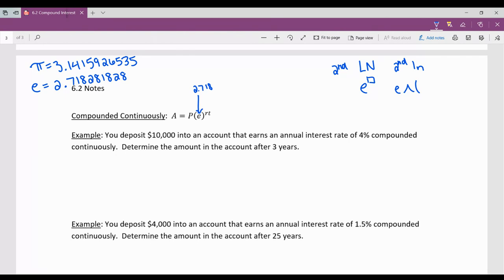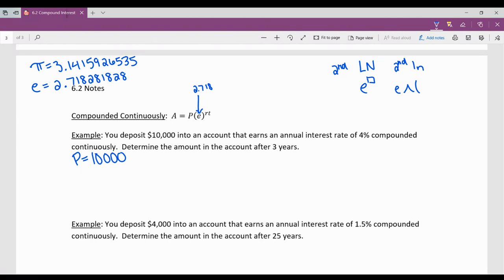All right, so first thing, for compounded continuously, we have the amount in your account equals PE to the RT. So you deposit $10,000 in an account. That's still the same idea as last time. 10,000 is my principal, that's my starting amount.